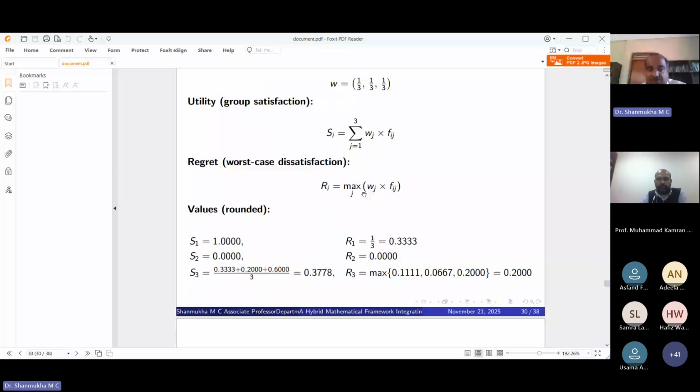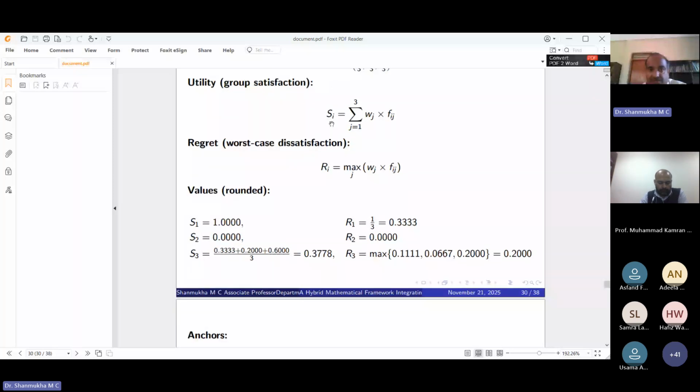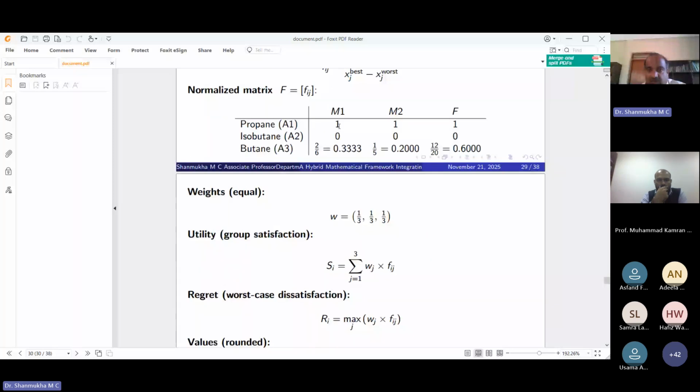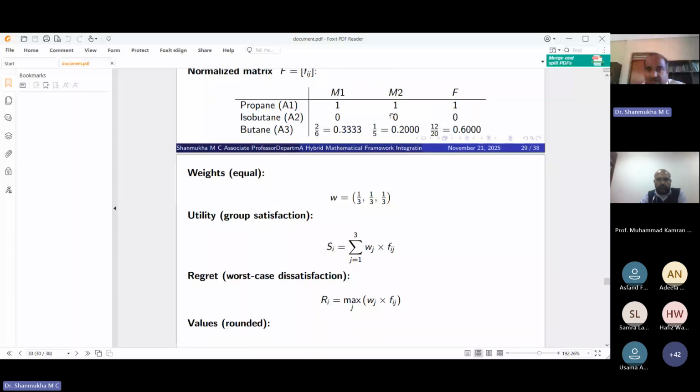So S1 is 1 upon 3 into 1 plus 1 upon 3 into 1 plus 1 upon 3 into 1, equal to 3 upon 3. The value of S1 is equal to 1.